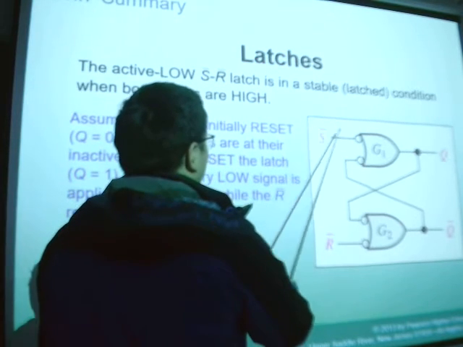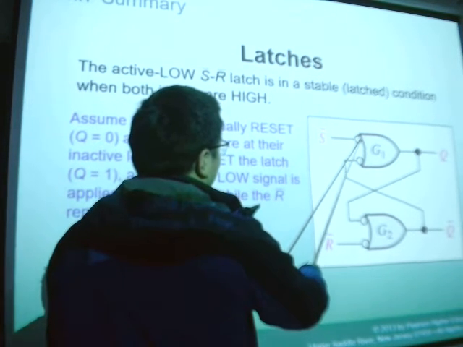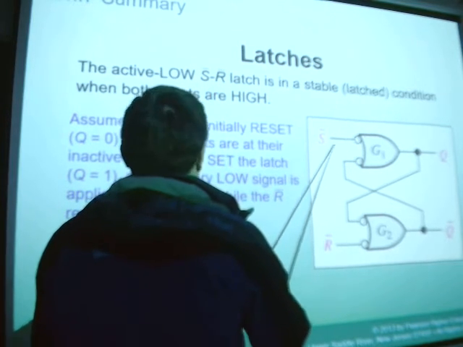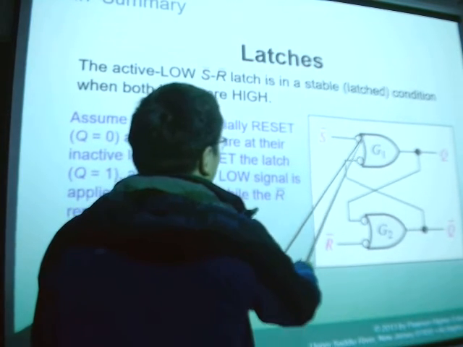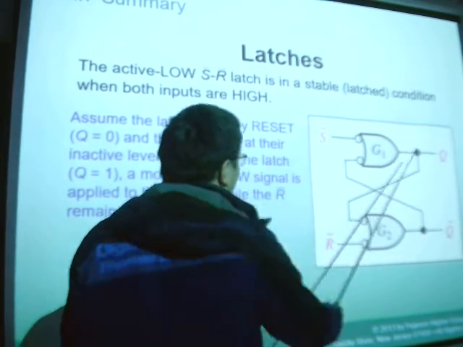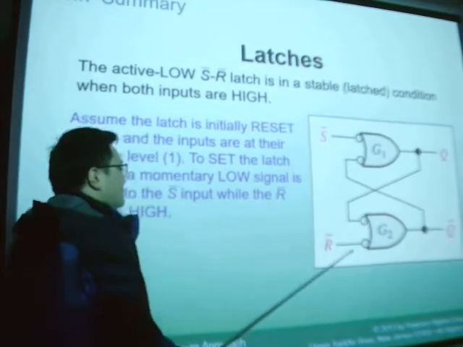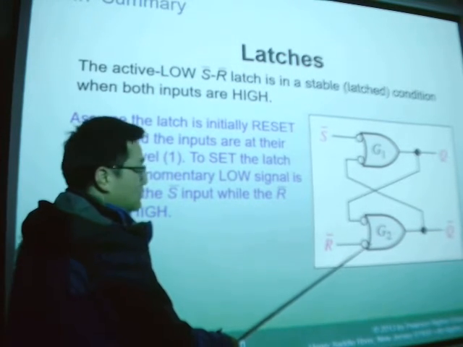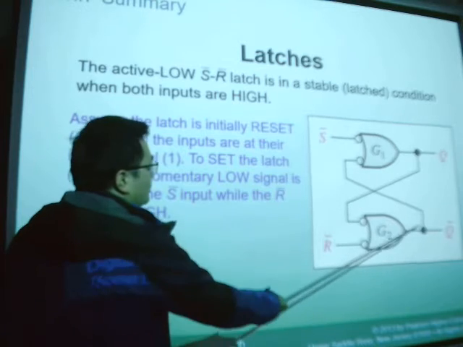So S bar equals the inverse of S. So S bar equals 0, then the output will be 1. 1 plus any value equals 1. Also, this input is 0, so the output is 1. 1 plus any value equals 1.